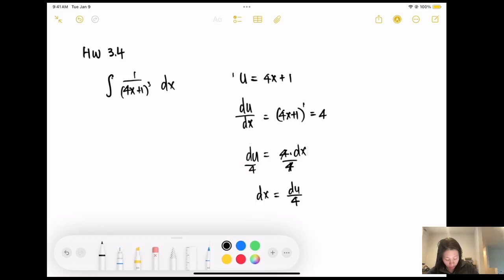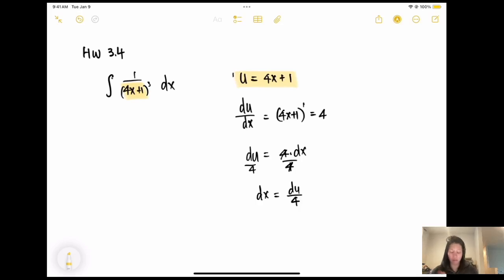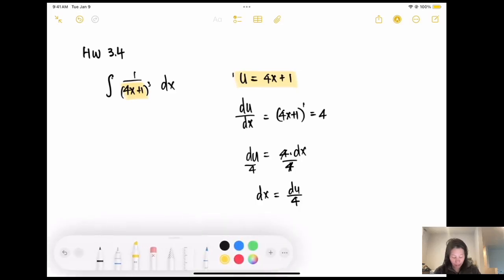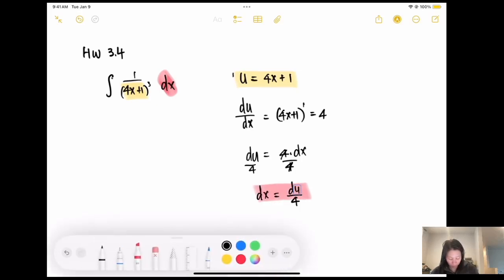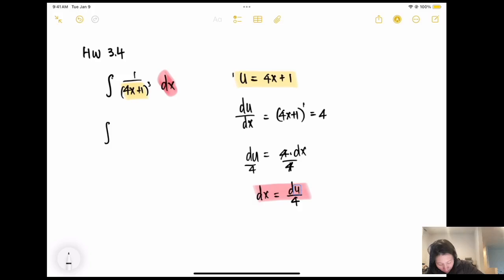So 4x plus 1 is going to be replaced by u. Then dx is going to be replaced by du over 4. So now I have the antiderivative of u to the third power, du over 4.